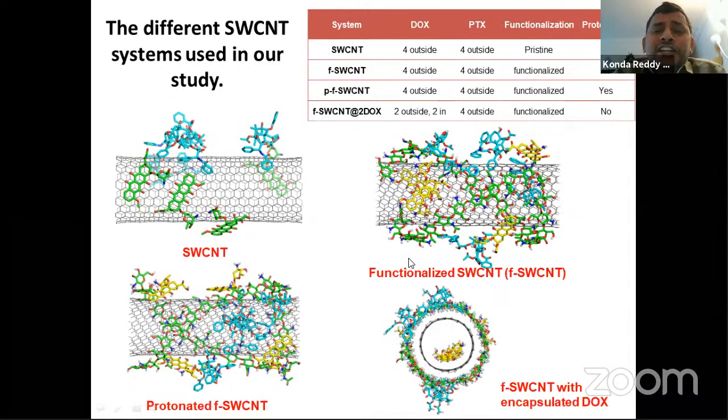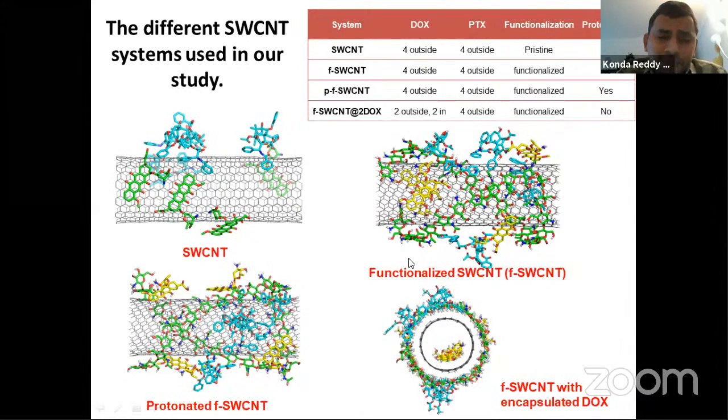So initially the first system, the SWCNT, is nothing but without any modified molecules. We have loaded 4 DOX molecules and 4 PTX molecules. Here no protonation has been done, no functionalization has been done. And then we have shown how different it is between pristine and functionalized carbon nanotubes.